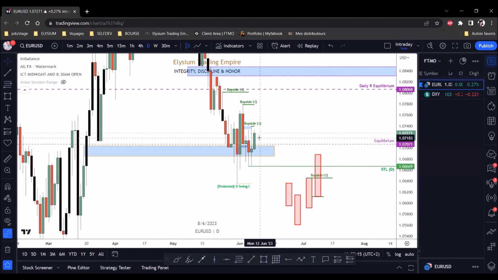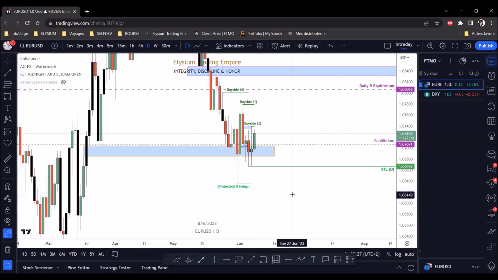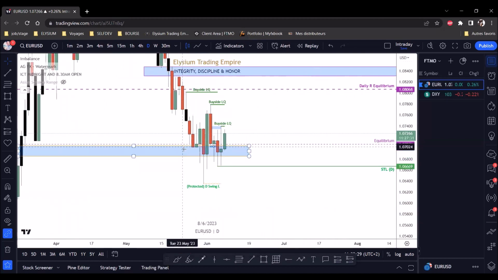And this is exactly what is happening today, or I hope at least. I'm projecting this to happen today, and I will explain live what I mean. So you have a short-term low here.